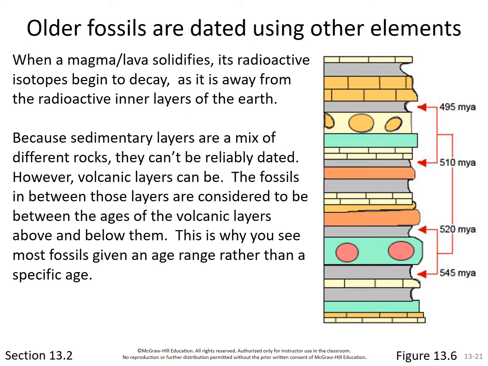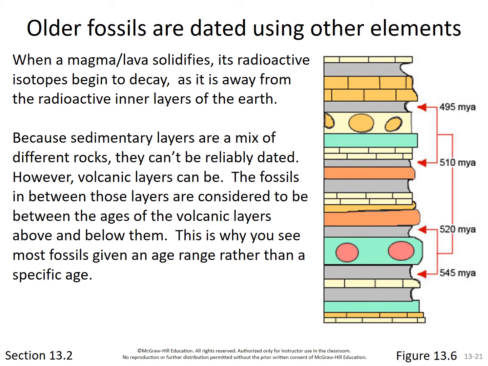It can't be reliably dated because it's got samples from a lot of different rocks that might have come from volcanoes or might not have. So sedimentary layers can't be reliably dated, but a volcanic layer can be. The fossils that are in between the volcanic layers are considered to be between the ages of the volcanic layers above and below them.